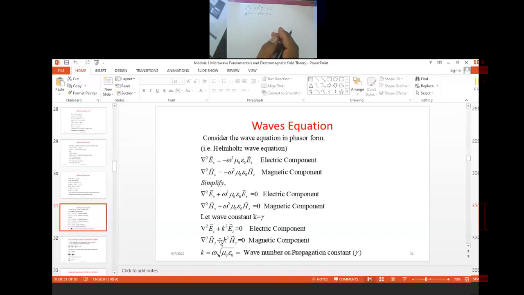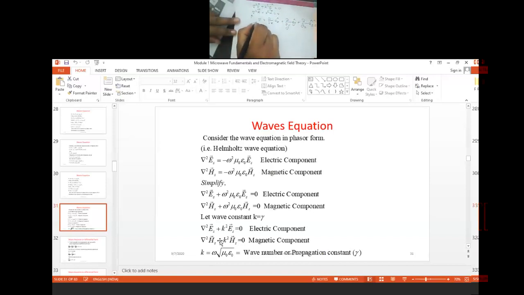These are the two equations, and they are always vector equations: the electric field and magnetic field components are vectors. Del is a vector operator, meaning dou by dou x ax unit vector, dou by dou y ay unit vector, and dou by dou z az unit vector.